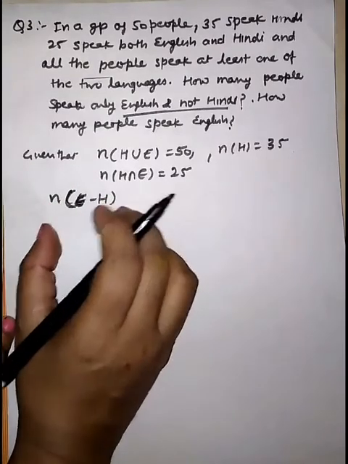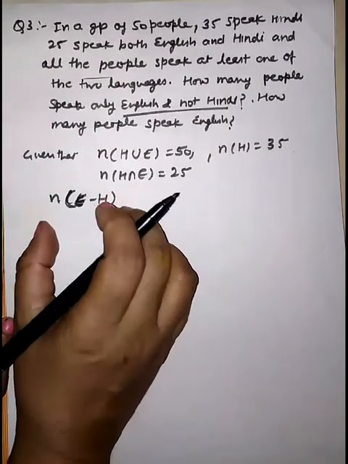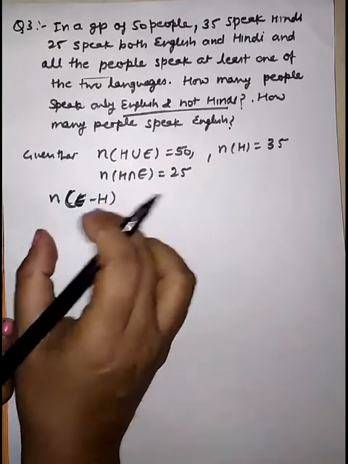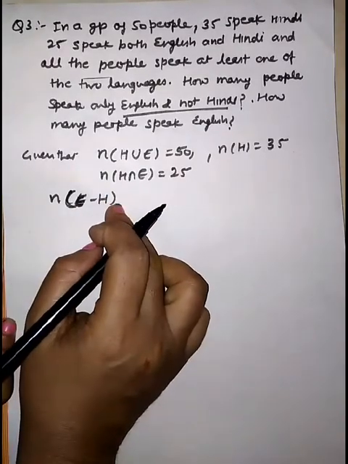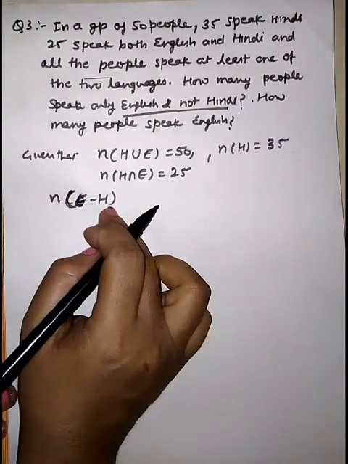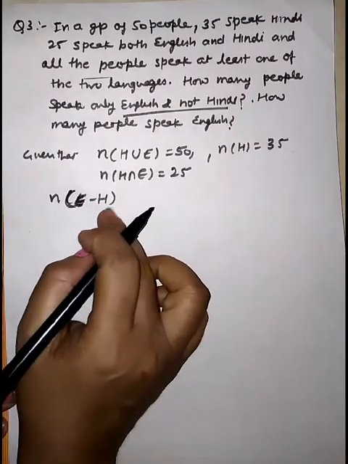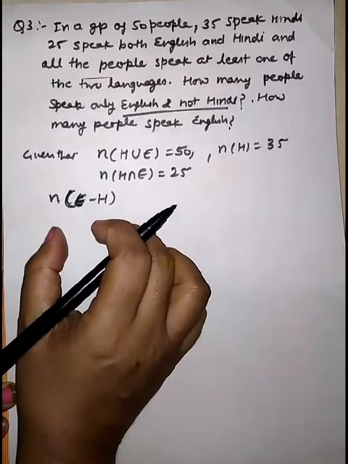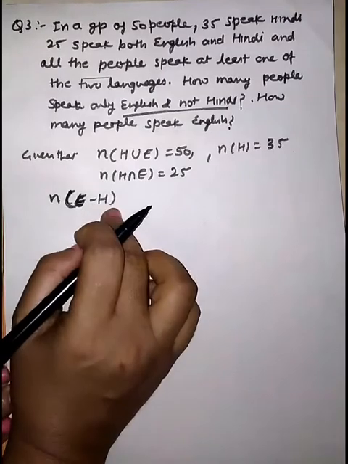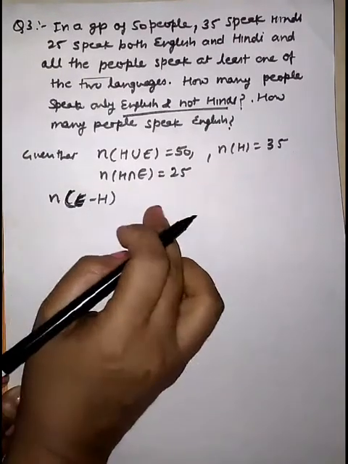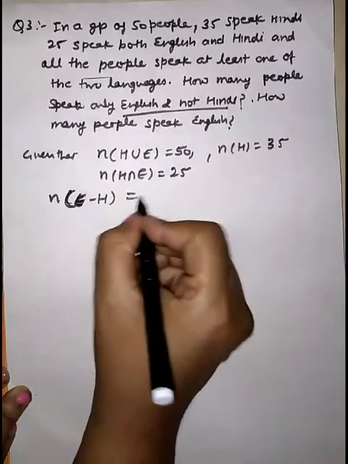It is a different set, containing the elements which belong only to E, not to H. This set shows only the persons who speak only English, not Hindi. So you have to find this one.